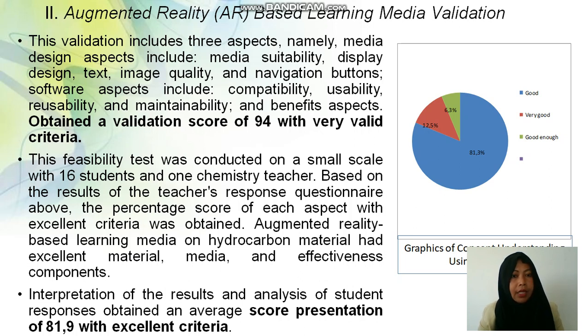This feasibility test was conducted on a small scale with 16 students and one chemistry teacher. Based on the results of the teacher response questionnaire above, the percentage score of each aspect with excellent criteria was obtained. Augmented reality-based learning media on hydrocarbon material have excellent material, media, and effectiveness components.